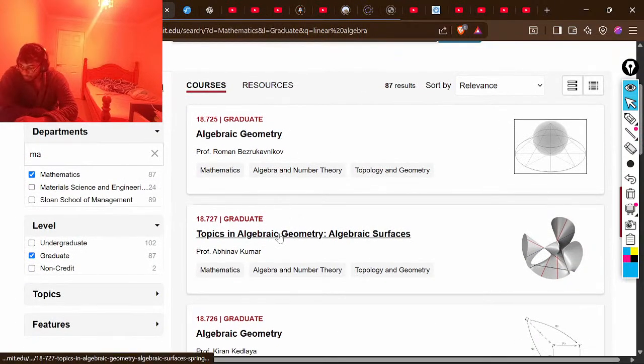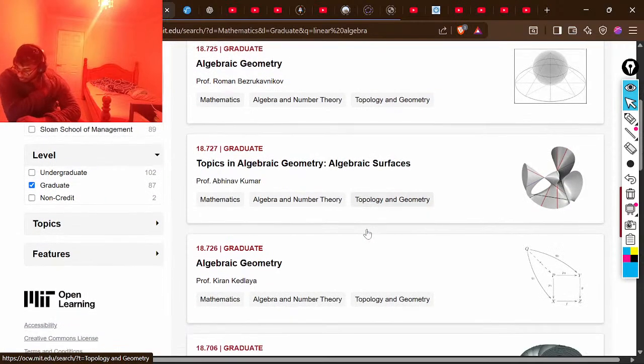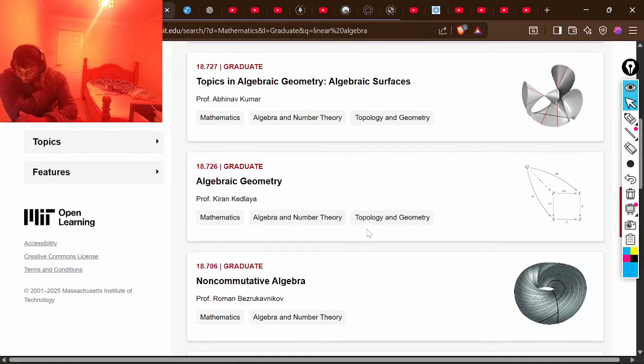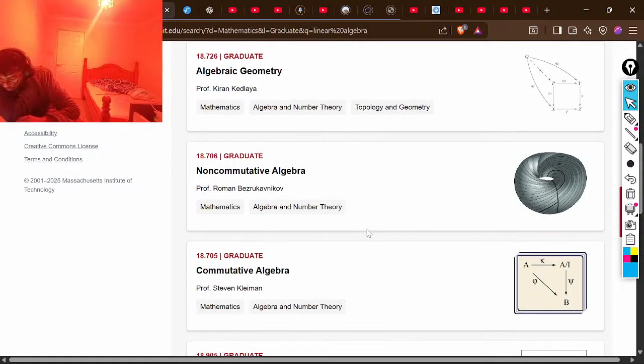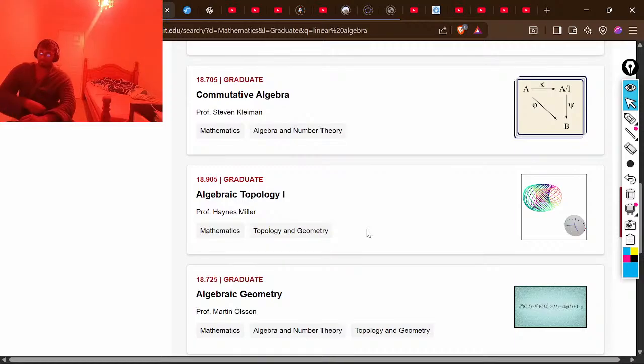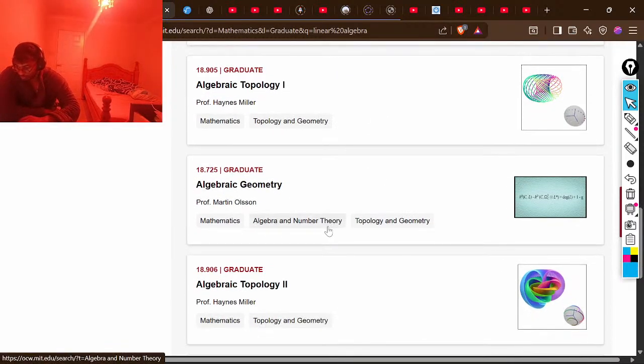Number theory, algebraic, and so this is algebraic geometry, non-commutative algebra, commutative algebra, algebraic topology, algebraic geometry.